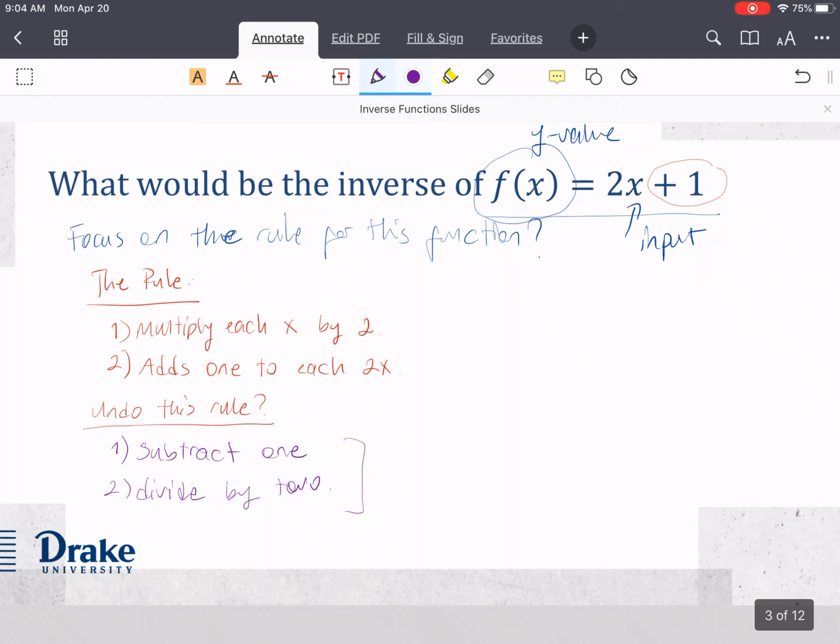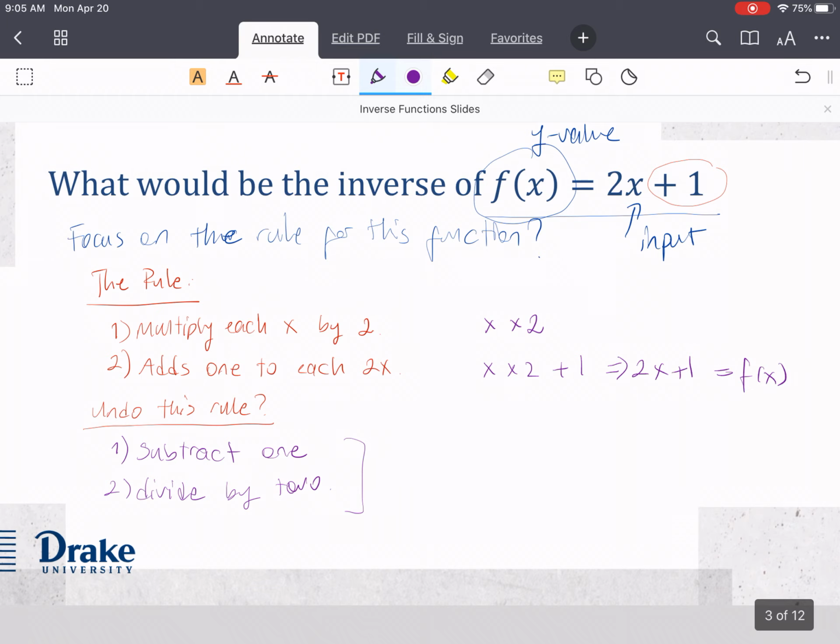And then the way I'm going to illustrate that is as follows. For the rule of the function, it multiplies by 2 and then adds 1, so x times 2 plus 1. If you clean it up, it becomes 2x plus 1, right? So this is my function f.